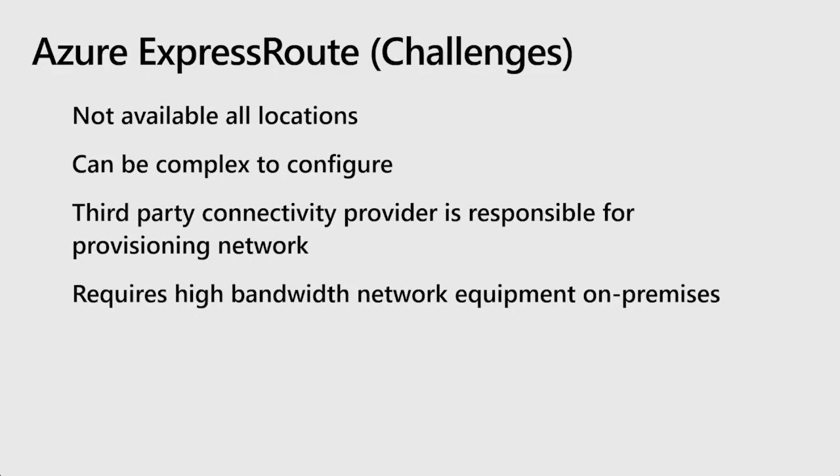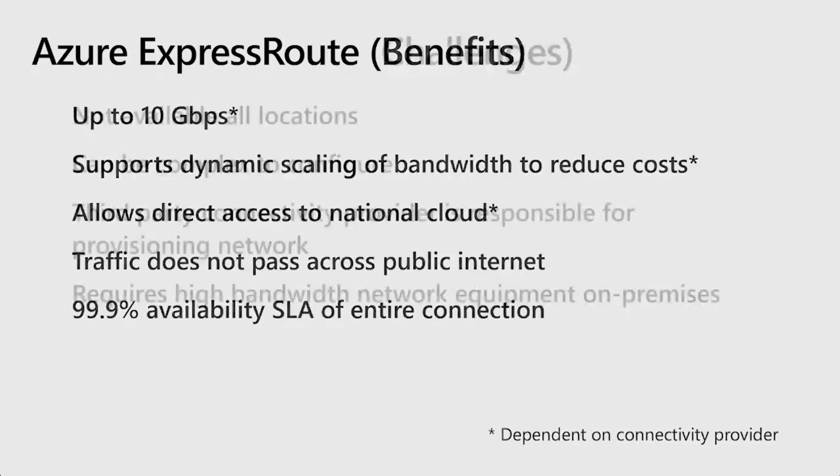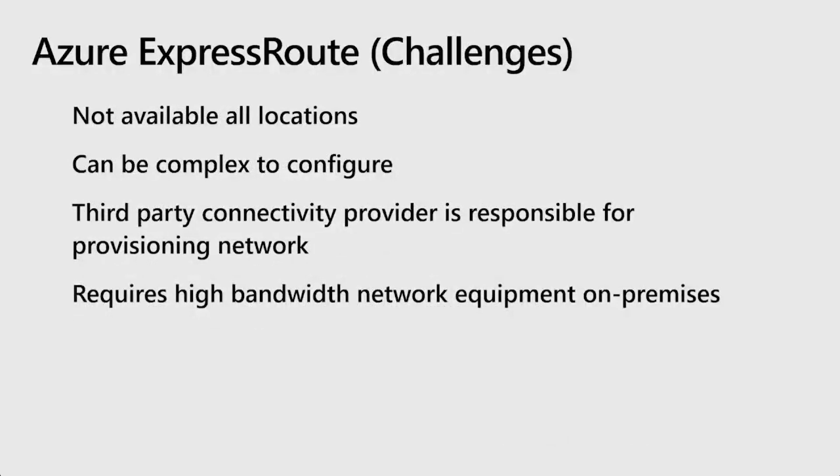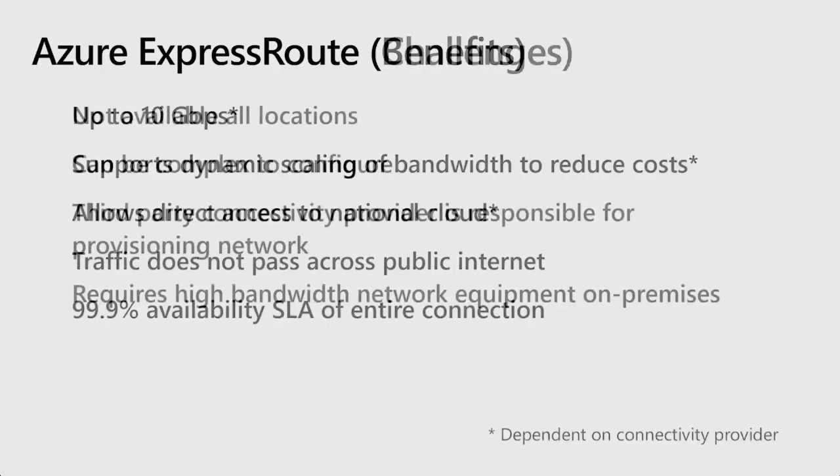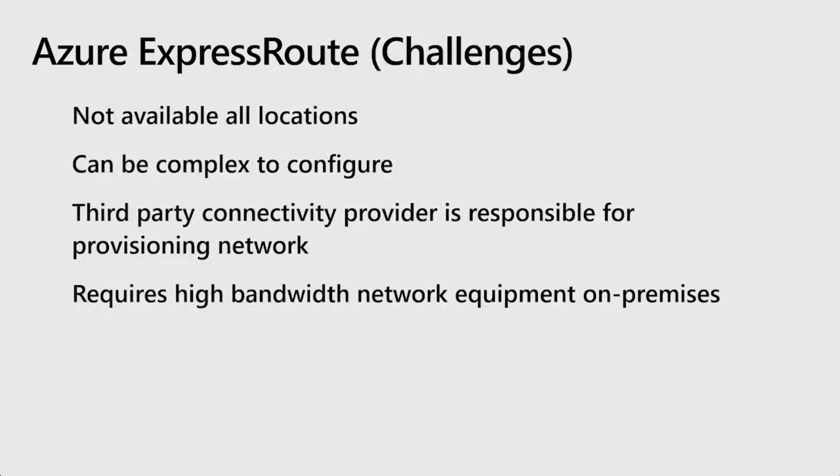For one, it's not available in all locations, so you're more likely to find it in some of the major cities, for example. The architecture itself can be quite complex to configure, and you do have to deal with a third-party connectivity provider, so they are the ones who are provisioning this network for you to use. You also need some pretty high bandwidth networking equipment on your on-premises sites.